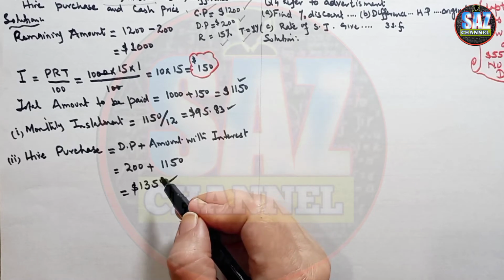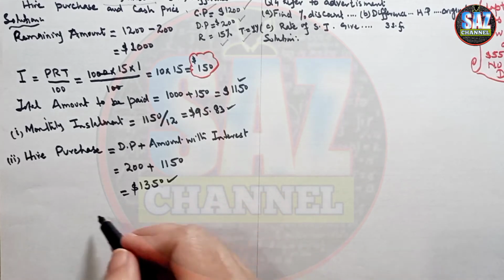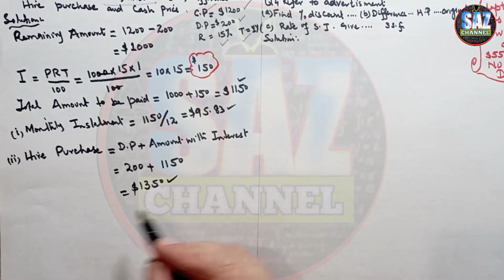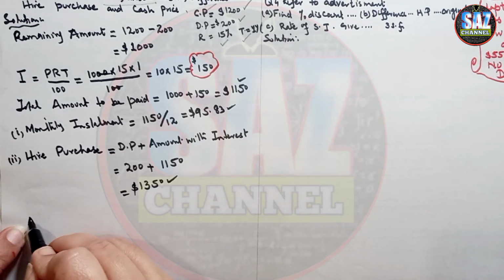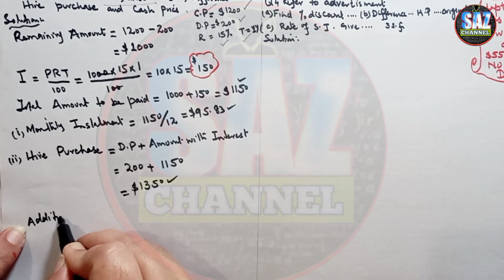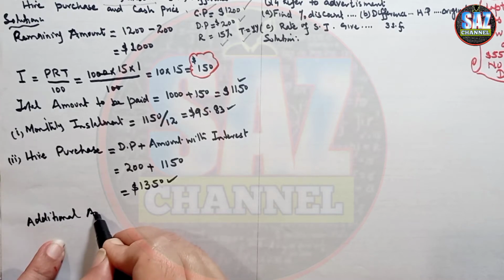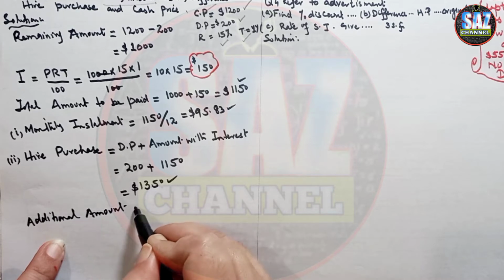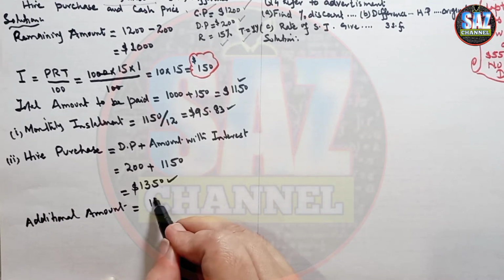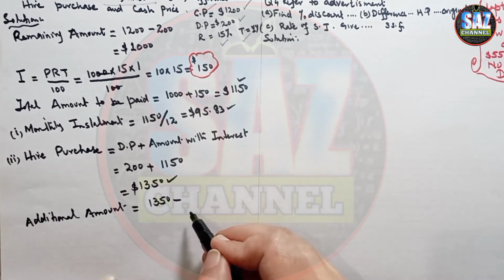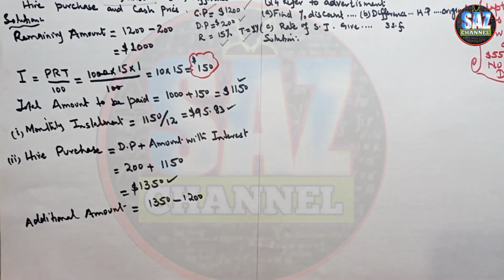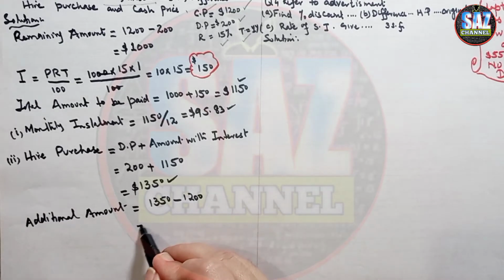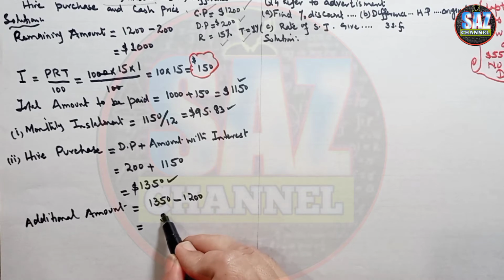Okay, now we have to find the difference between the hire purchase and actual cash price. So the extra amount or additional amount, both have the same meaning. Additional amount will be equal to the difference between your hire purchase 1,350 and your actual price, which is 1,200. So 1,350 minus 1,200 is equal to 150, which is actually the amount of interest as well.